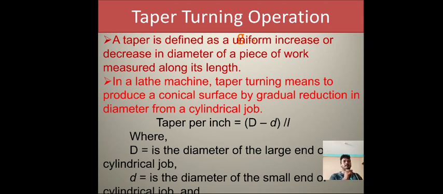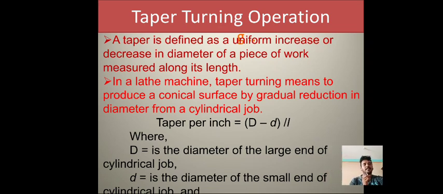Here the taper per inch is given by capital D minus small d divided by L, where capital D is the diameter of the large end of a cylindrical job, and small d is the diameter of the small end of the cylindrical job. Why is it measured here?